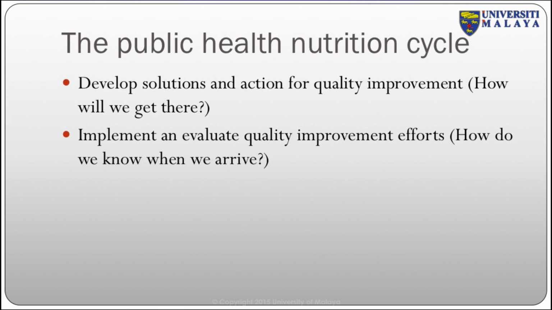Sixth, after all these identifications, you need to understand what the best program to be implemented would be. So the sixth step is called implementing the program. Once implementation is done, for example, if the problem is overweight and obesity, you do a program looking at several things such as dietary intake, physical activity, built environment, and so on.